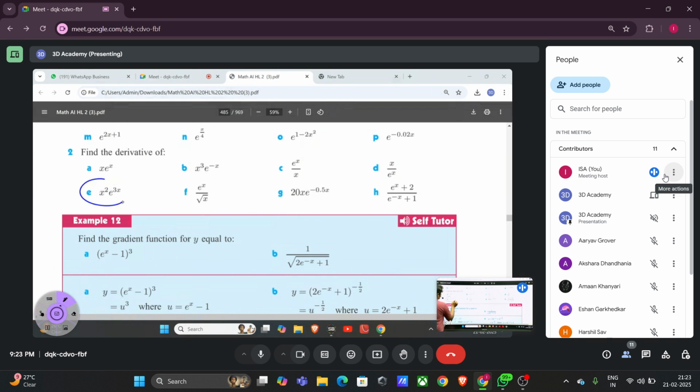So guys, quickly solve E question and G question and send me the picture quickly. You have to use product rule only. But now here, instead of only algebraic, we have two different functions.